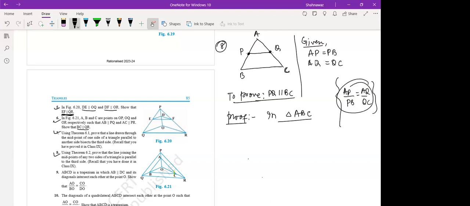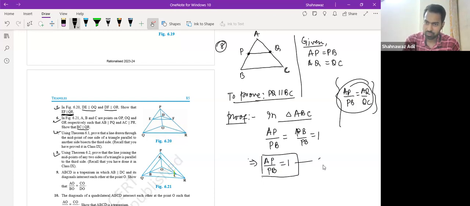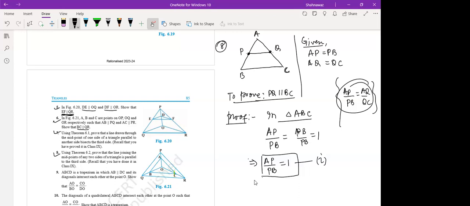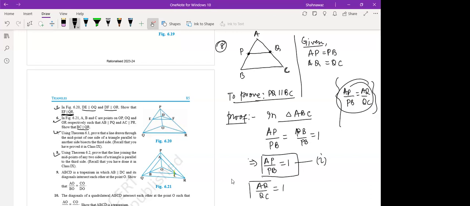Okay, so first, AP by PB equals what? This is PB by PB, which is 1. So AP by PB is 1. This is the first part. Similarly, we can prove that AQ by QC is 1.